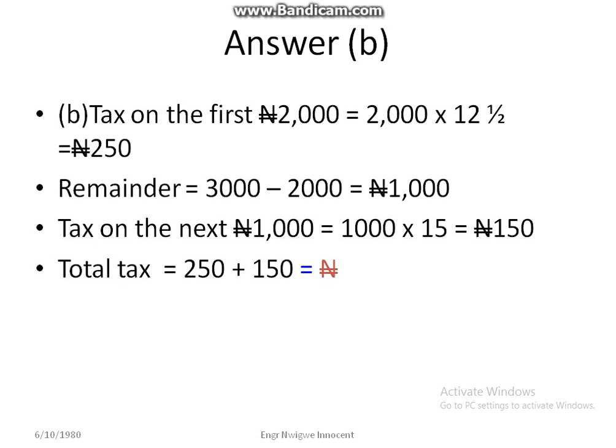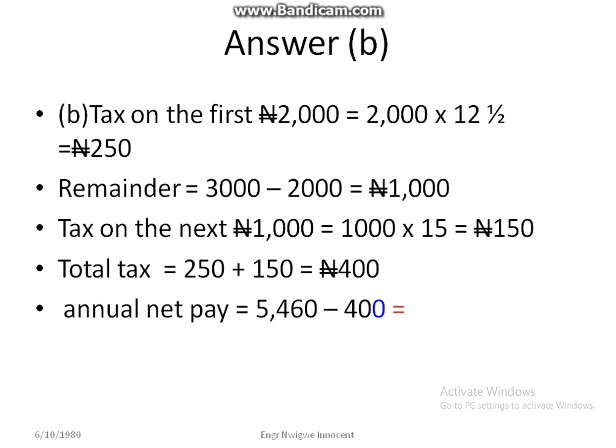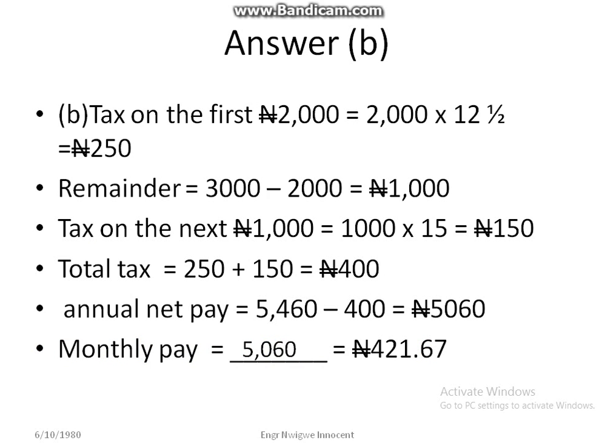Total tax is now equal to 250 plus 150, which is equal to 400 naira. Annual net pay is equal to 5,460 minus 400, which is equal to 5,060 naira. Monthly pay will now be equal to 5,060 over 12, which gives us 421 naira 67 kobo.